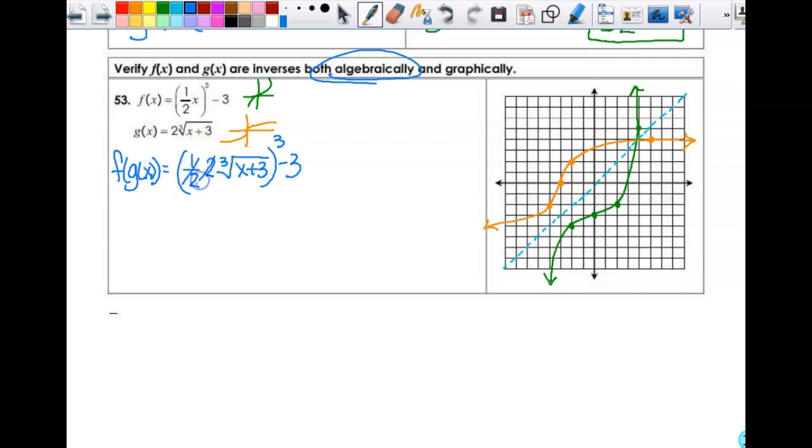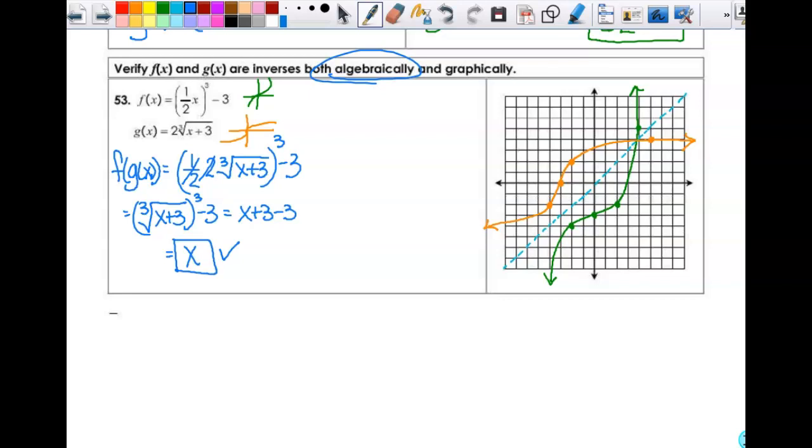So 1/2 times 2 is just 1. So now I have the cube root of x plus 3, cubed, minus 3. When I cube that, I get x plus 3 minus 3. That all equals x, which is exactly what I expected, but I have to show my work about how I get there.